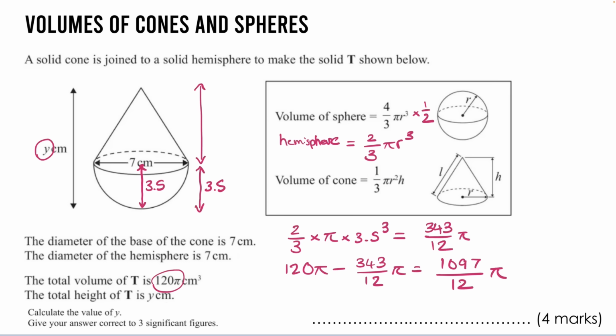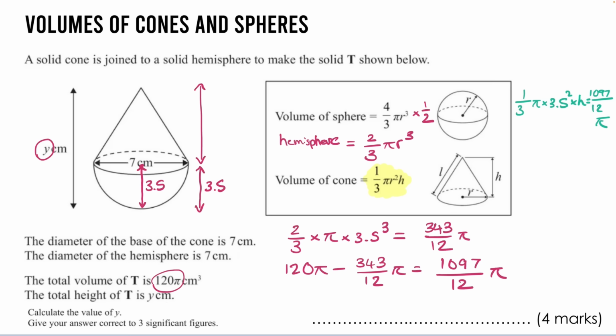Our formula for the volume of a cone is right here, 1/3 pi r squared h, and all we need to do is work out the height. We have all the missing pieces, so we could set up the formula. We have 1/3, we're kind of running out of space here, let's do it down the side, 1/3 pi times 3.5 squared times the height is equal to 1097 over 12 pi.